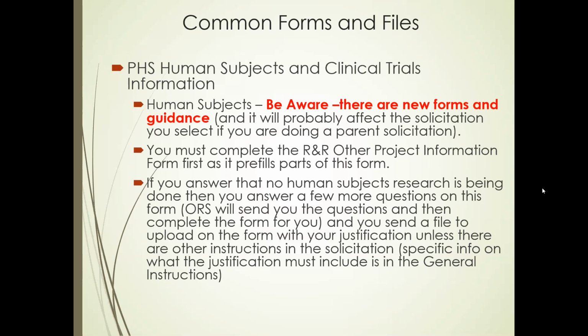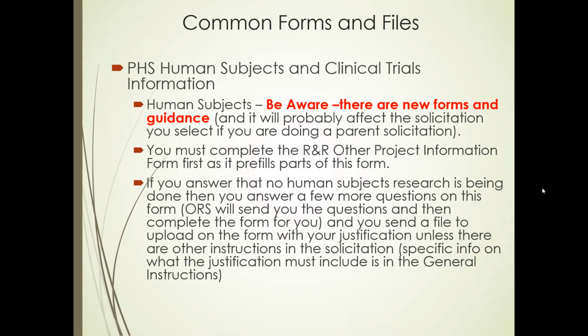It's very important to find this out early, because that can affect the solicitation that you're doing, because a lot of solicitations will say no clinical trials, and others will say that the clinical trials are going to be done or are optional. You have to complete the other projects information form first, where it asks you, do you have human subjects involved? Do you have IRB approval yet or not?